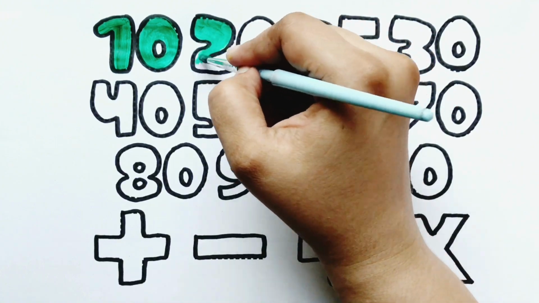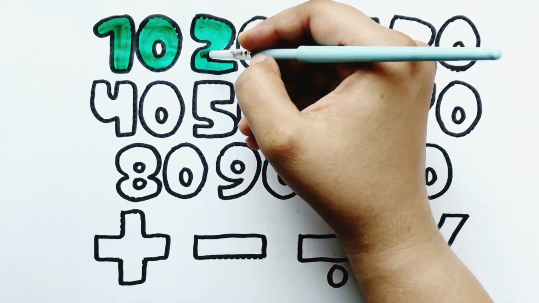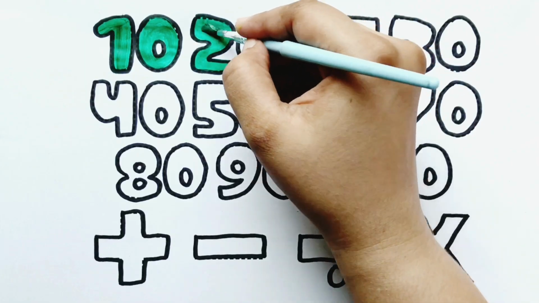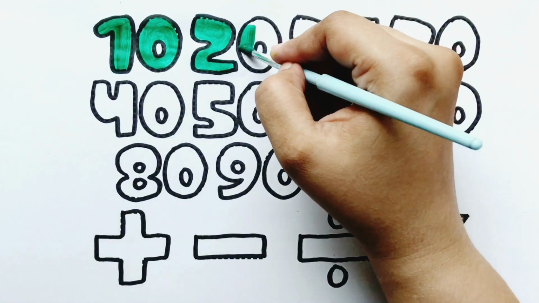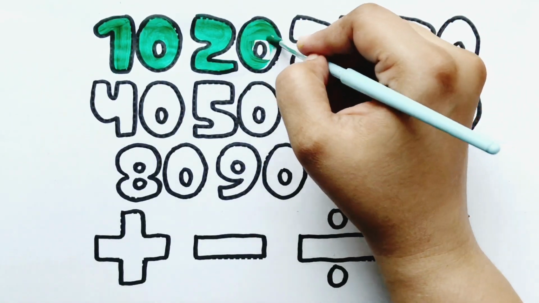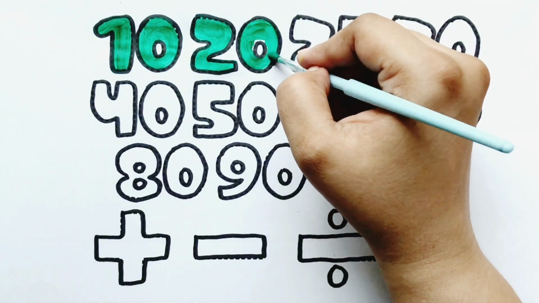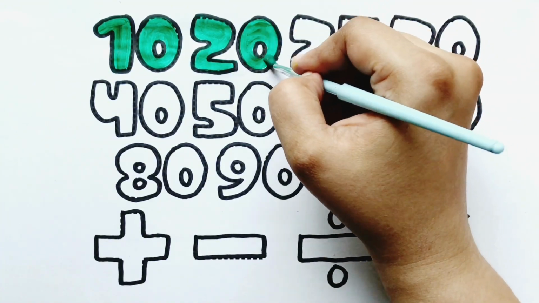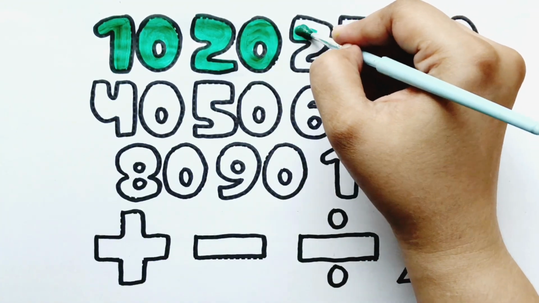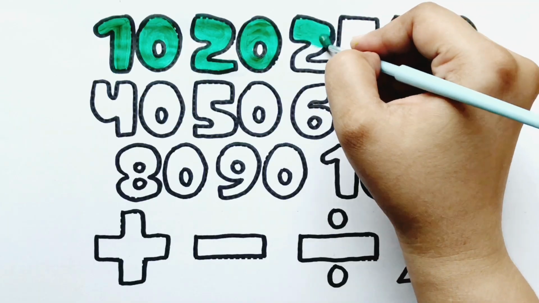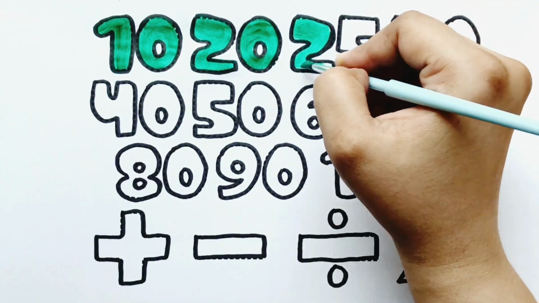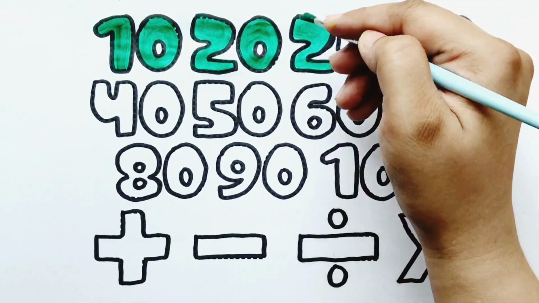A, B, C, D, E, F, G, H, I, J, K, L, M, N, O, P, Q, R, S, T, U, V, W, X, Y, and Z. Now I know my ABCs. 25. Time won't you sing with me?